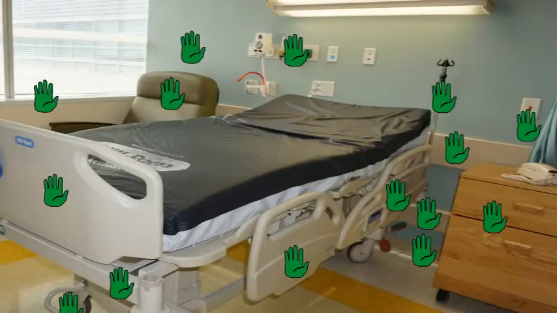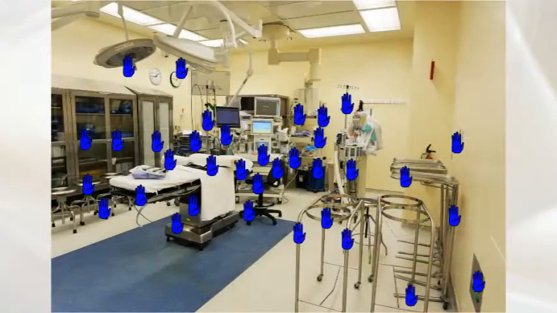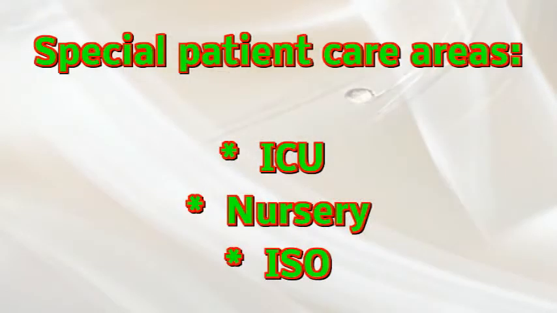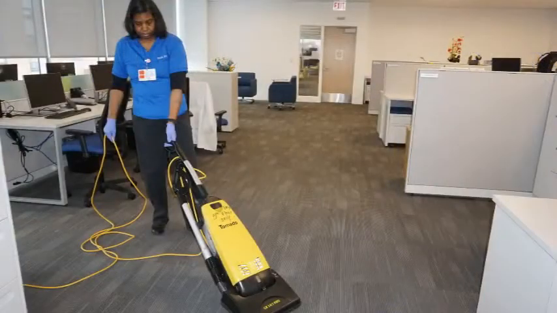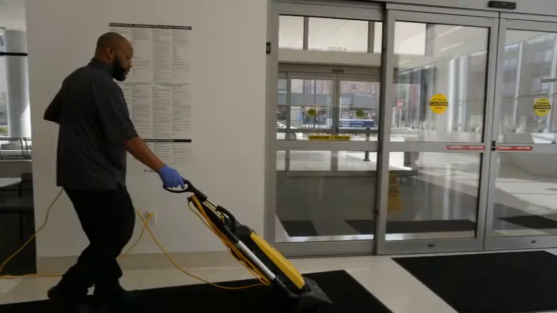Developing your work strategy for identifying and disinfecting high hand touch areas in patient rooms, procedure rooms, and other areas of Stroger Hospital. Adapting your cleaning and disinfection work to any special patient care areas you may be assigned to clean, like the intensive care unit, often called the ICU, the nursery and patient isolation rooms, bloodborne pathogen and bodily fluid cleaning and disinfection, performing carpet cleaning, including daily vacuuming, spot cleaning, and extraction cleaning.